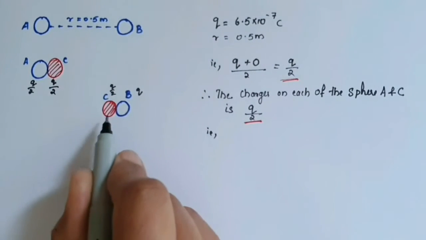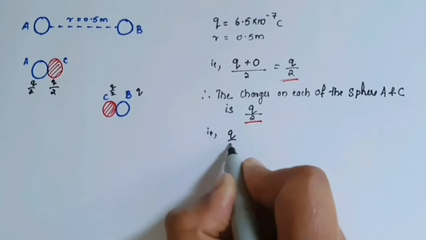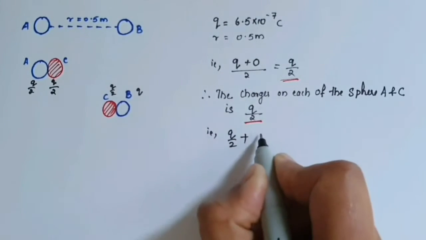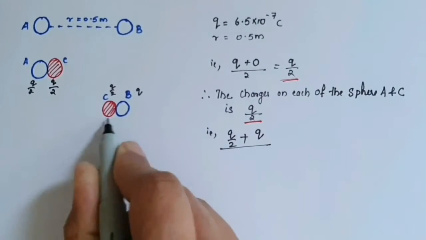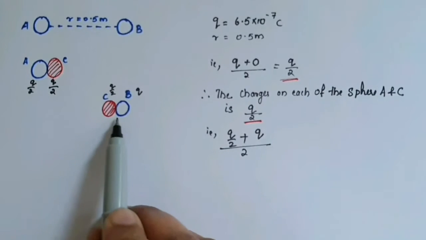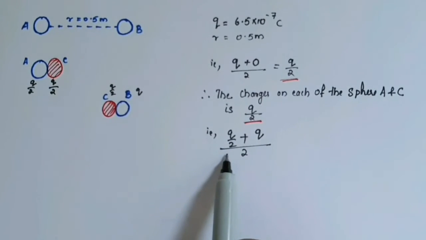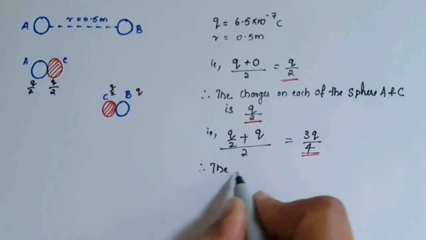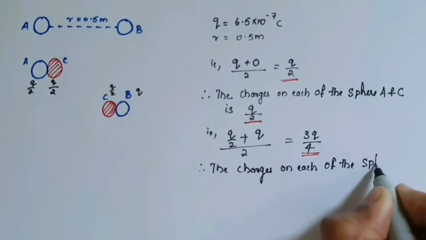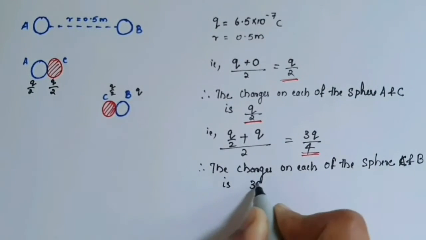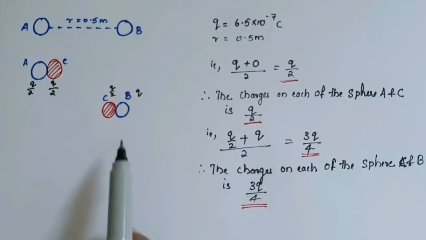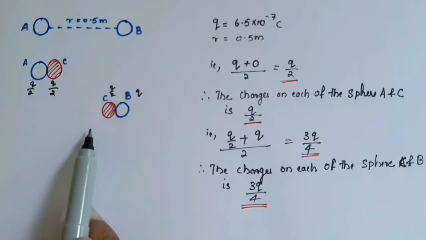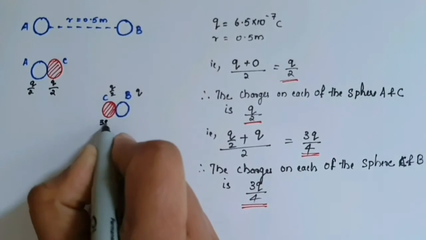That is, C having a charge Q by 2 plus B having a charge Q, they share their charges equally. Therefore, the total charge on the system will divide into 2 equal half. This is equal to 3Q by 4. Therefore, the charges on each of the sphere C and B now becomes 3Q by 4.